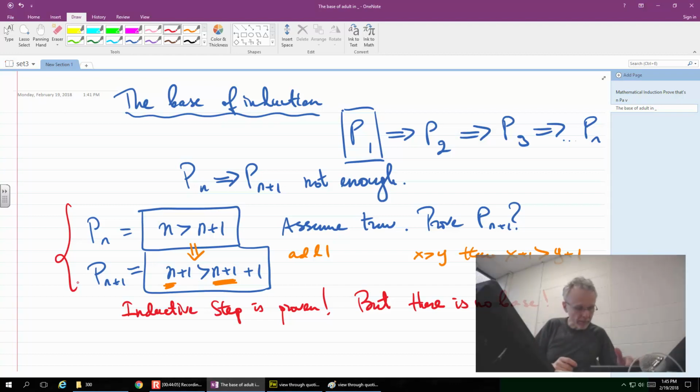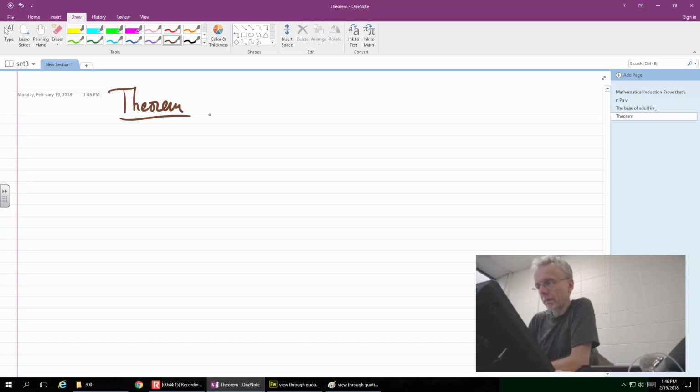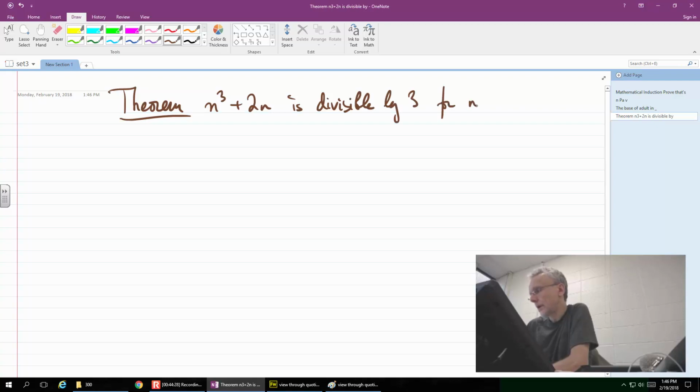Okay, so I have maybe a couple more examples. Oh, here's one. n cubed plus 2n is divisible by 3, for n larger than or equal to 1.